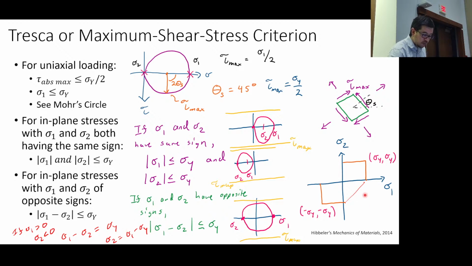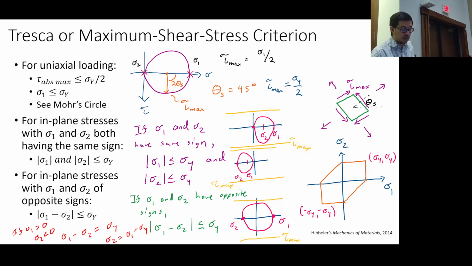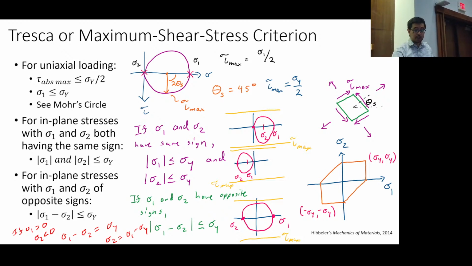So these plots end up having this kind of diamond-like shape at 45 degrees. And once again, if you're in the box, you're safe. If you go outside the box, you're going to fail.